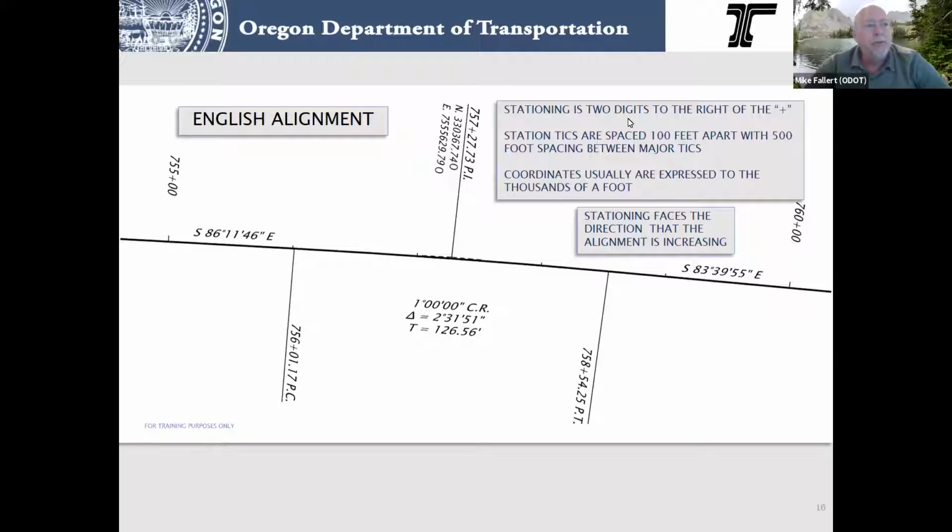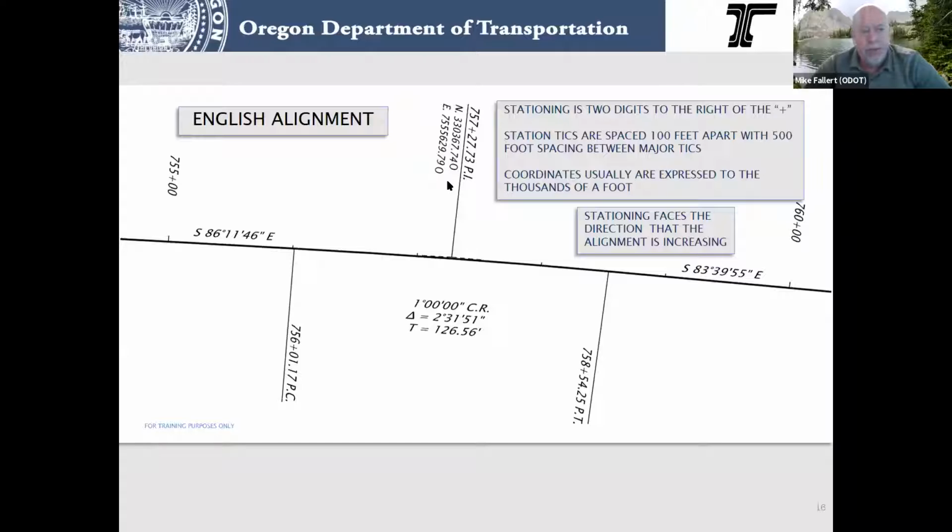Stationing is typically to 2 digits, you know, the plus. Cardinal ones, every 500 feet, we usually put a denominator or a label on it. The ones in between we don't, which are at 100-foot stations. And then the 500s is where we label it.